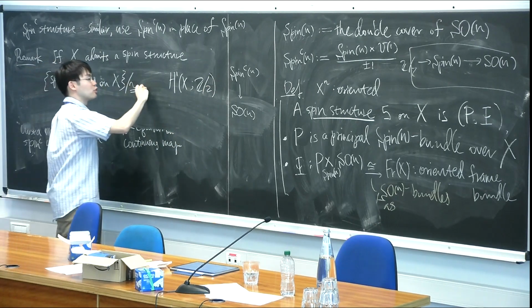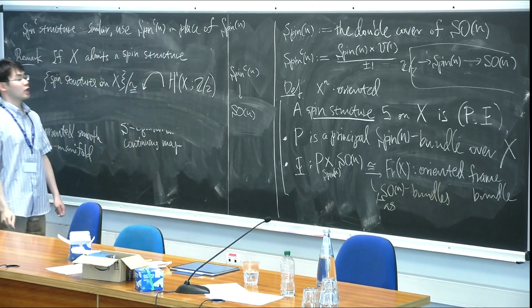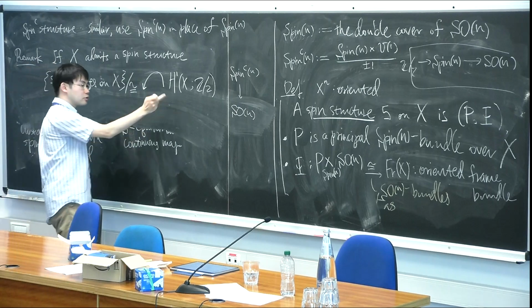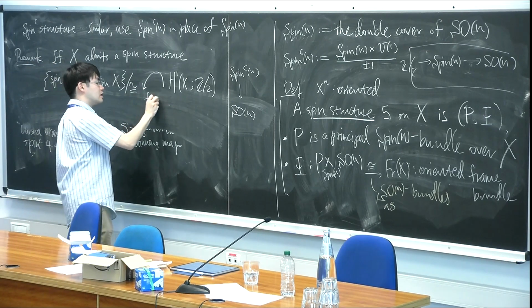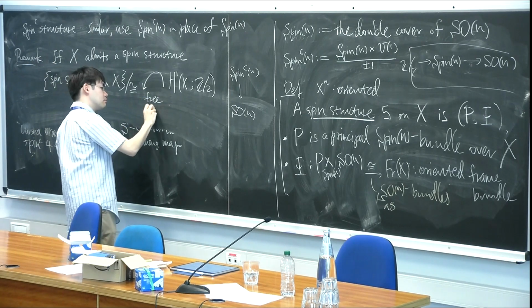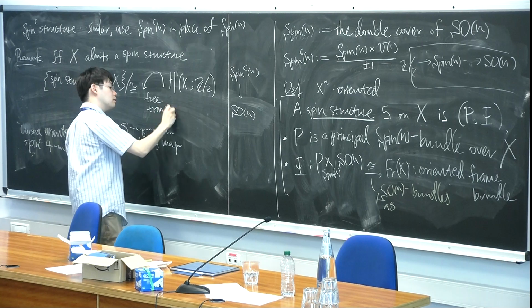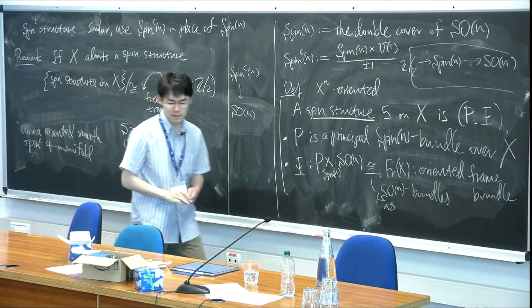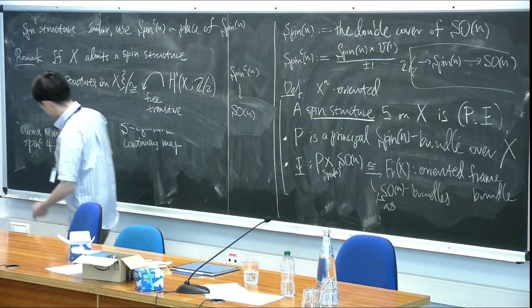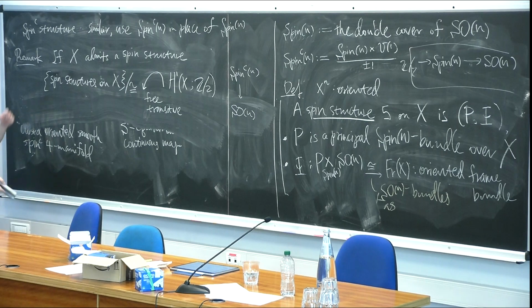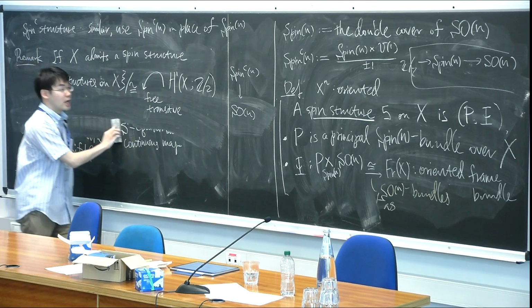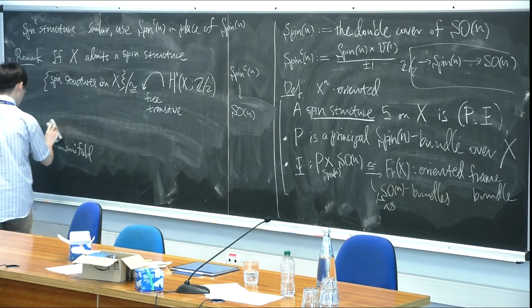But it's more convenient to say that you have a natural action from H^1, which is free and transitive. So in particular, if you pick one spin structure, then you have a one-to-one correspondence from the set of isomorphism classes of spin structures to H^1 with Z/2 coefficients.